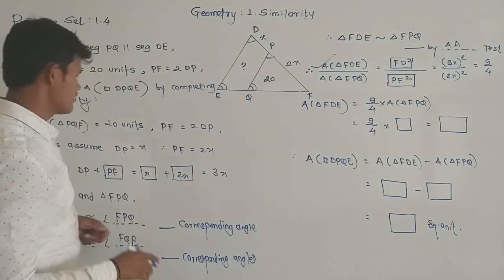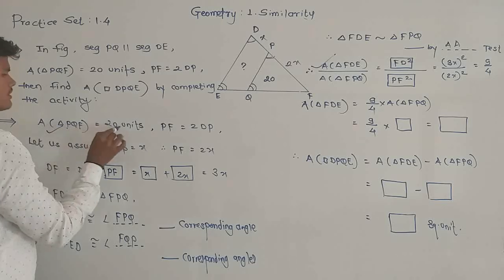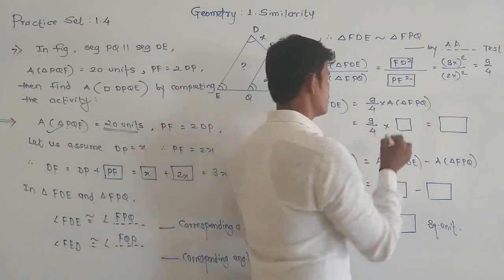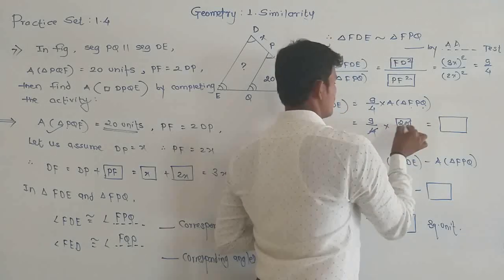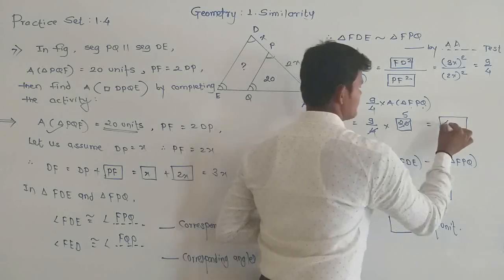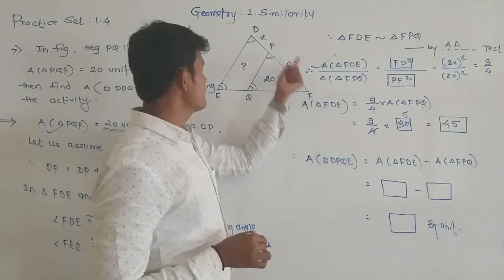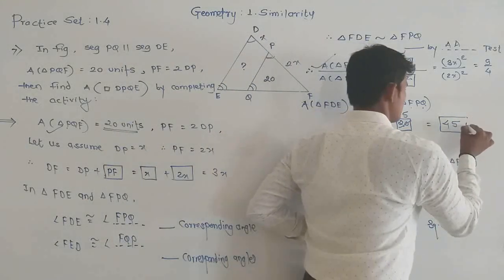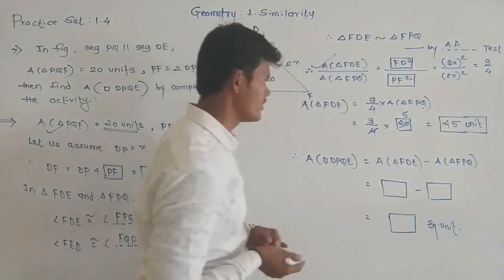Given that the area of triangle PQF, or FPQ, is 20 units. So 9 by 4 into 20: 4 fives are 20, 9 fives are 45. So we get the area of triangle FDE is 45 units and the area of triangle FPQ is 20 units.